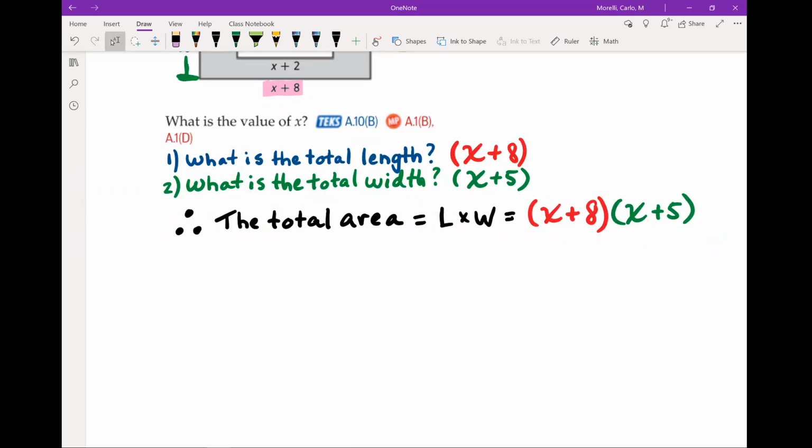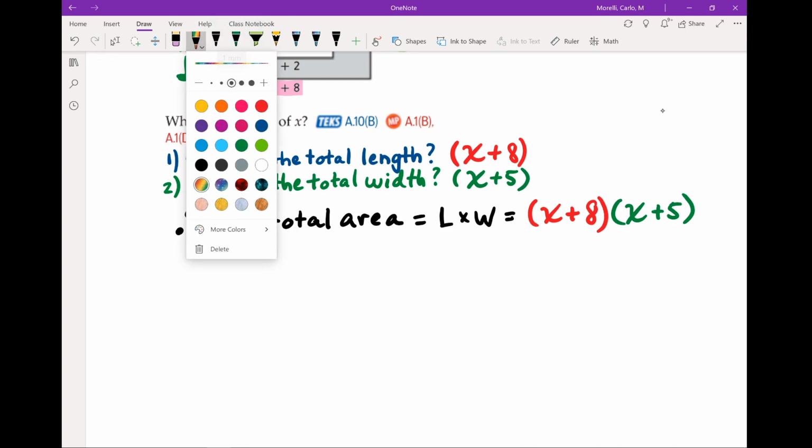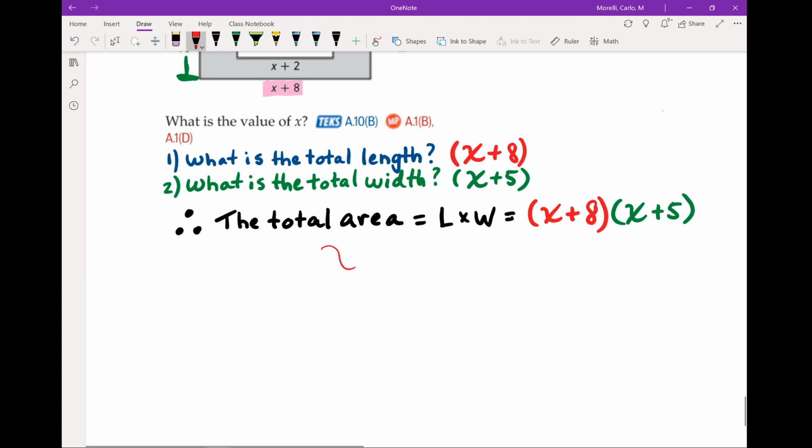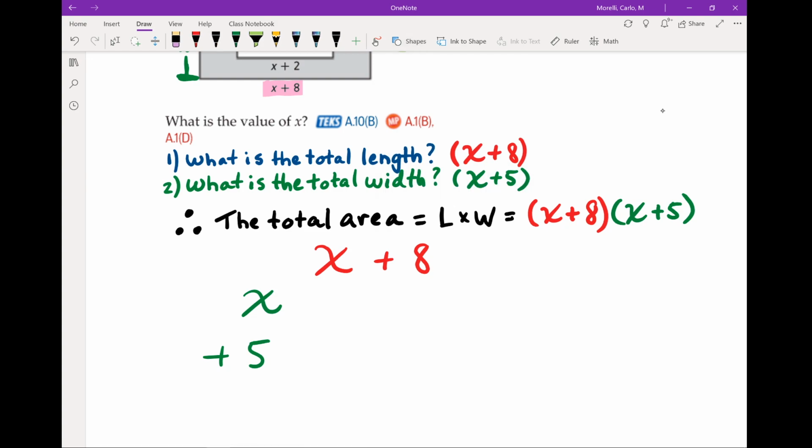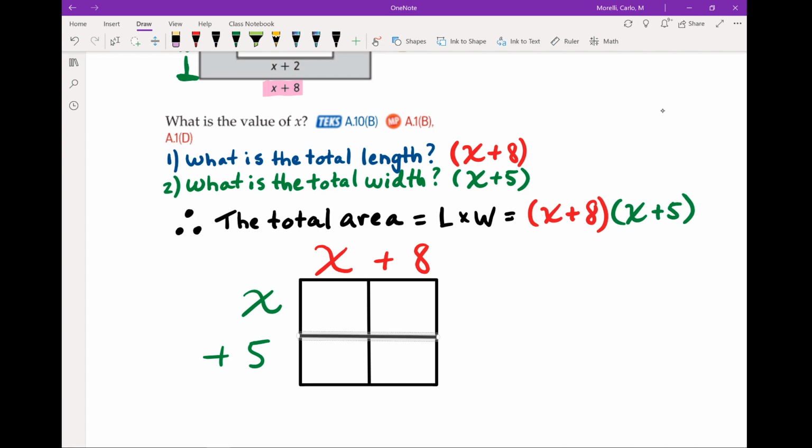So we're going to take x plus 8, and then x plus 5, and make a box and split that box into 4 quadrants.